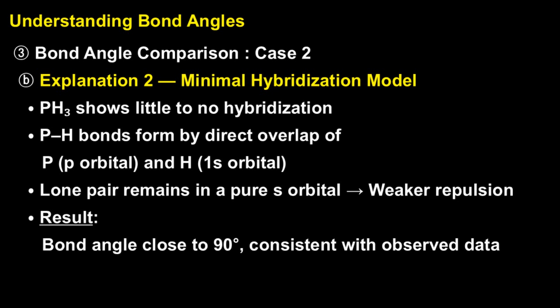It stays in a nearly pure s orbital, which doesn't repel the bonding pairs as strongly. That setup makes a lot more sense, and it lines up with the smaller bond angle we see in real data. So even though we often assume sp3 hybridization, phosphine seems to be the exception. The minimal hybridization model just does a better job explaining why the bond angle is so much smaller than in ammonia.